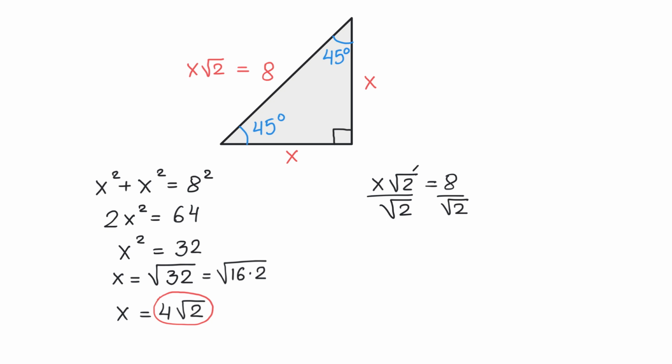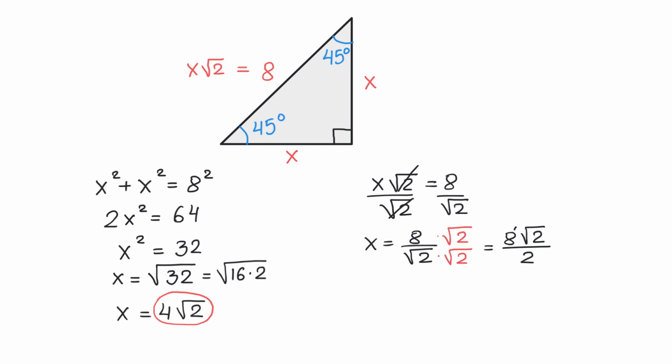Then on the left side, square root of 2 will cancel, and x equals 8 over square root of 2. And to rationalize the denominator, we will multiply the numerator and the denominator by square root of 2. Then in the numerator, we will have 8 square root of 2, and in the denominator, square root of 2 times square root of 2 is 2.